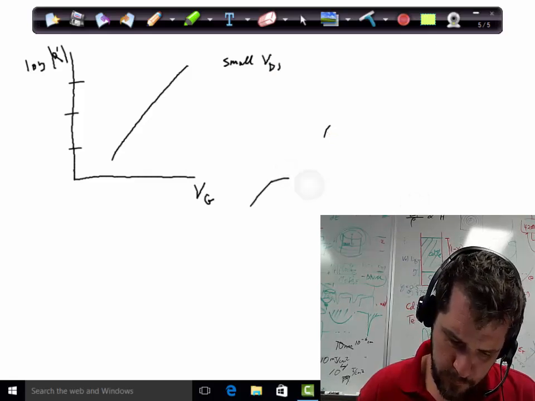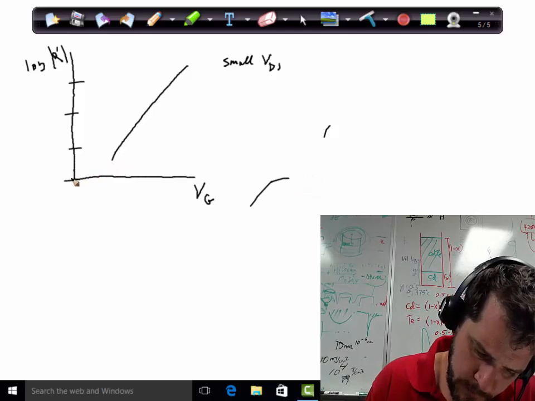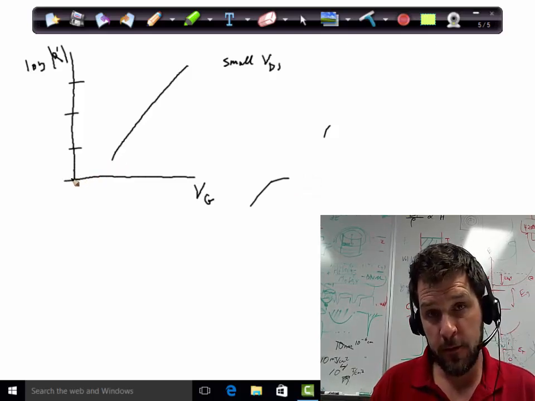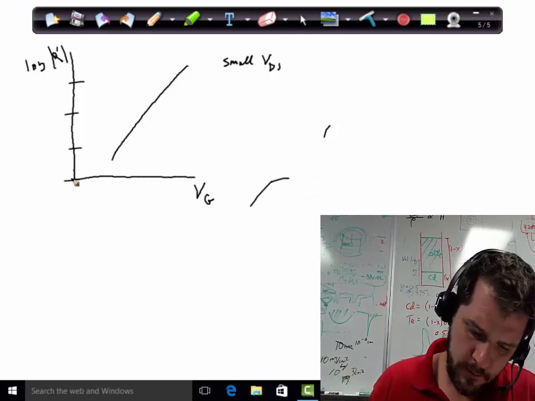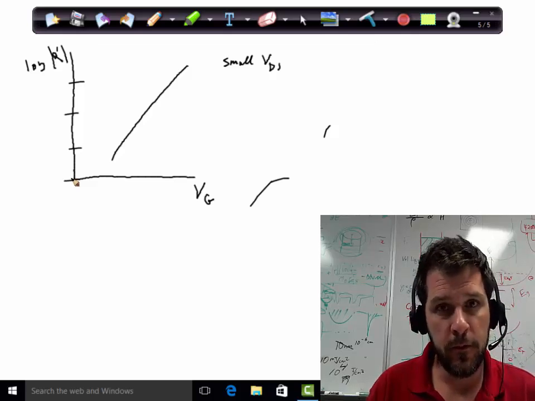The level at which the transistor turns on is going to be when the n-type electron charges equal the p-type doping.